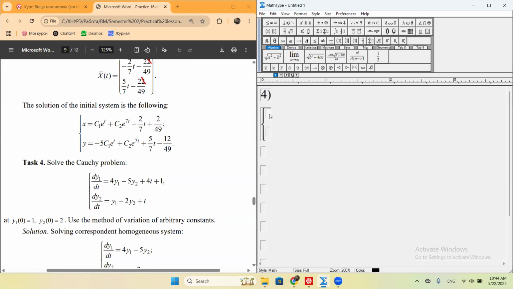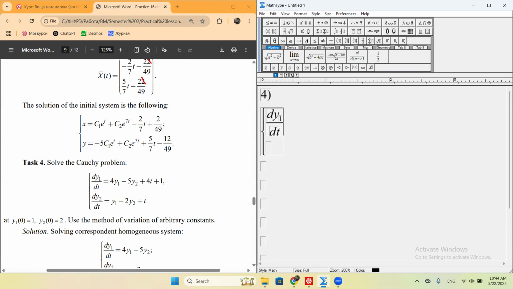So again, we will find the solution as the sum of the solution of the homogeneous system and a partial solution.